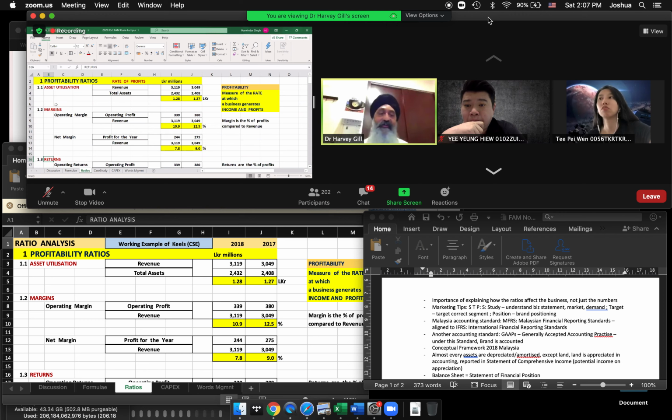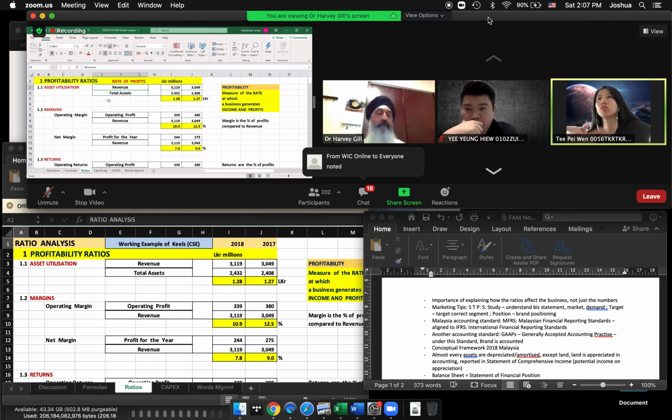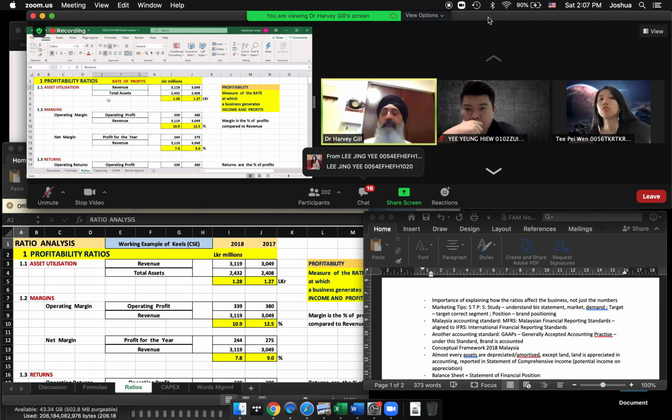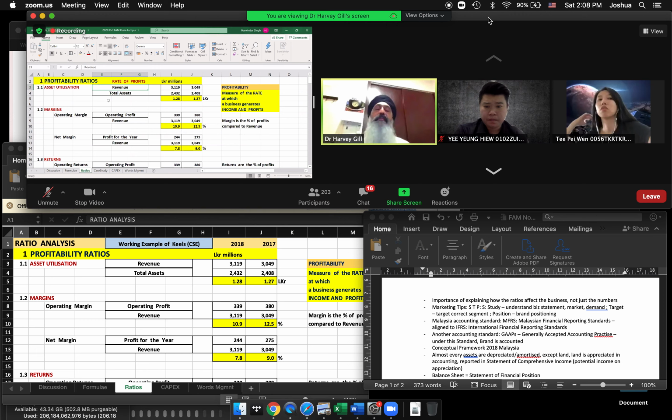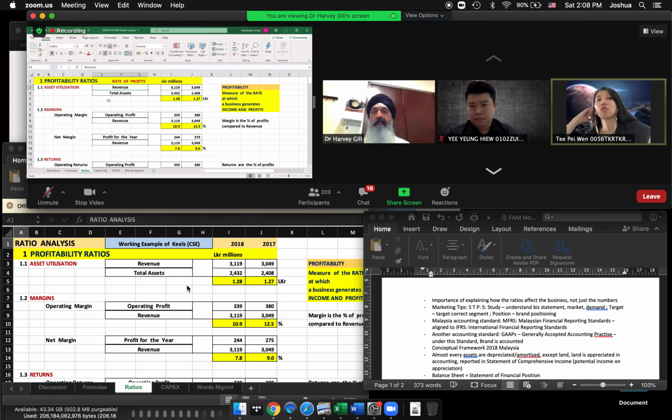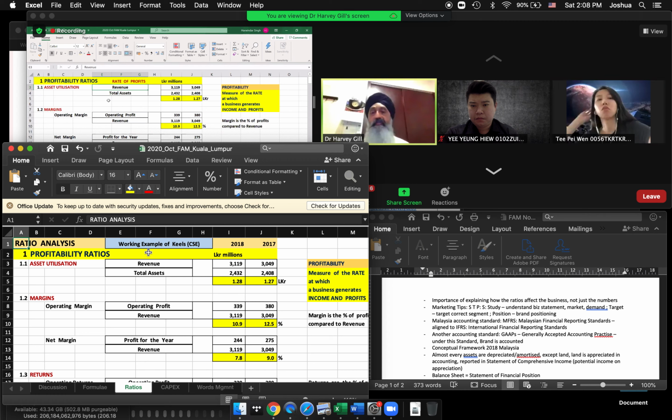Margins and returns are expressed as percentages. Asset utilization is normally expressed in terms of money. Some of the ratios you will see later, I will express as money, some as percentage. Whether you express a ratio as percentage, money or a decimal is actually your personal preference, how you want to present it. But there are some good practice notes which I will share with you.